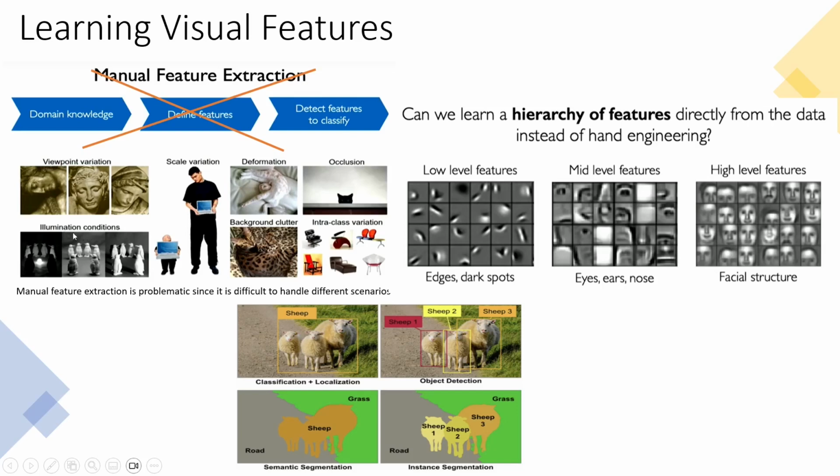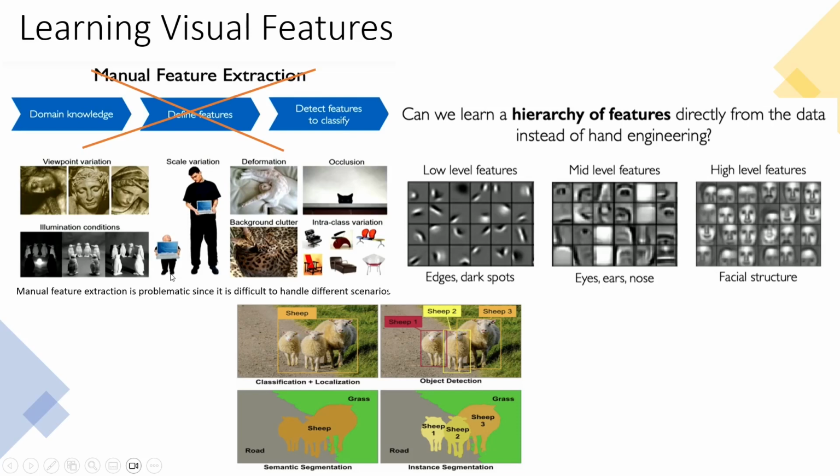Okay? And illumination conditions also make life really difficult for image processing. You need some features that are immune to illumination conditions. We have scale variations. That's a very big problem with image processing. These are all humans, but this one is too long, this one is too short.